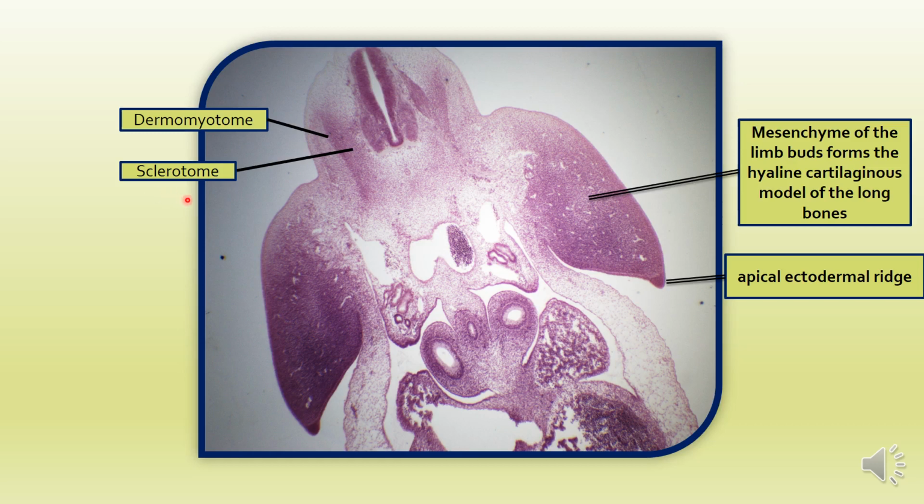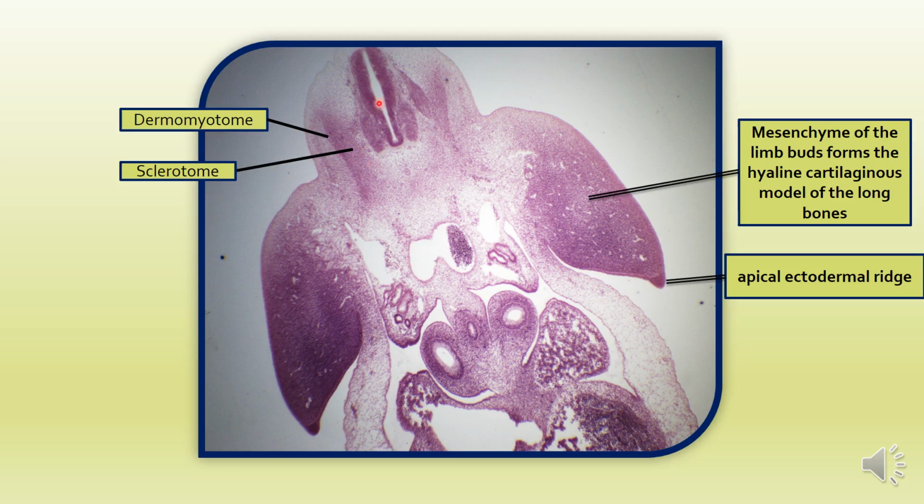Sclerotomes are the ventral and middle part of the somite, loose tissue around the neural tube and notochord, while the dorsal and lateral part of the somite forms the dermomyotome, dense tissue.